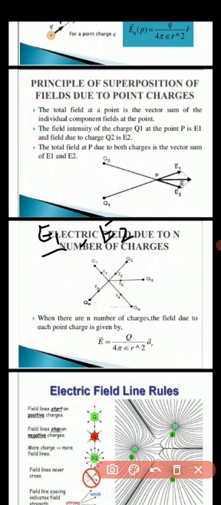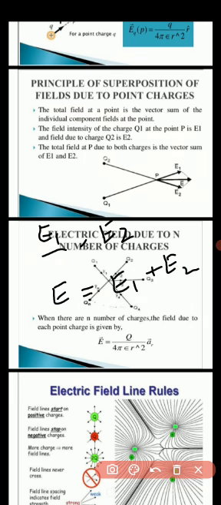So, according to the superposition principle, the total electric field E is given as the vector sum of E1 and E2.